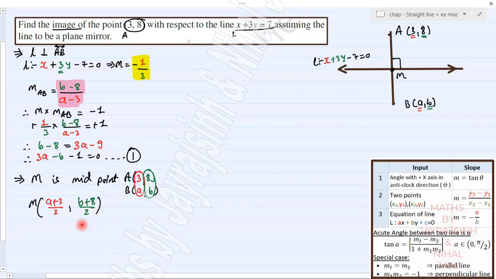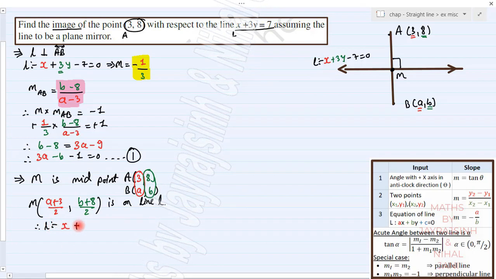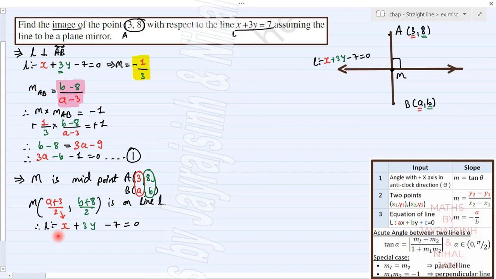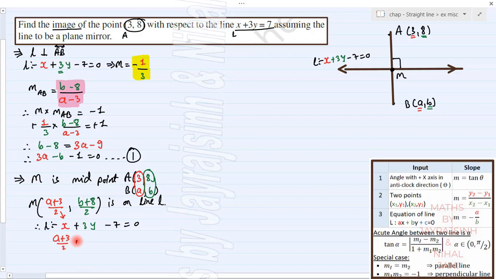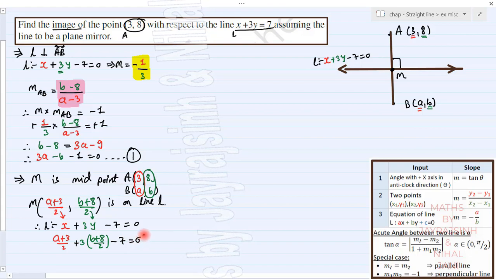And we know that M is on line L, and the equation of line L is x plus 3 times y minus 7 equal to 0. So M must satisfy the equation of L. So let's substitute the x coordinate of M, which is (a plus 3) by 2, and the y coordinate of M, which is (b plus 8) by 2, minus 7 is equal to 0.